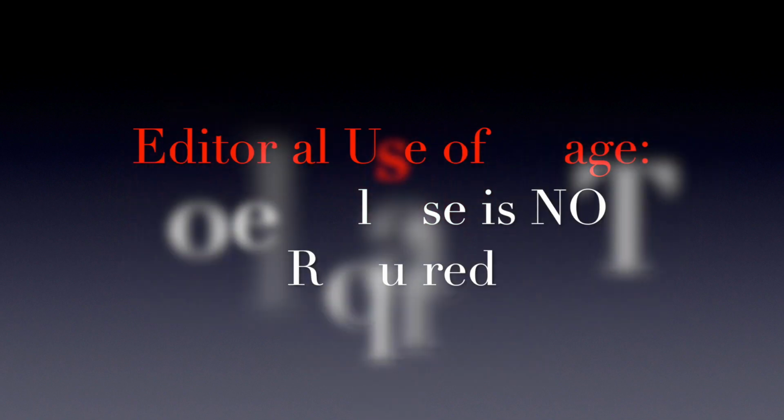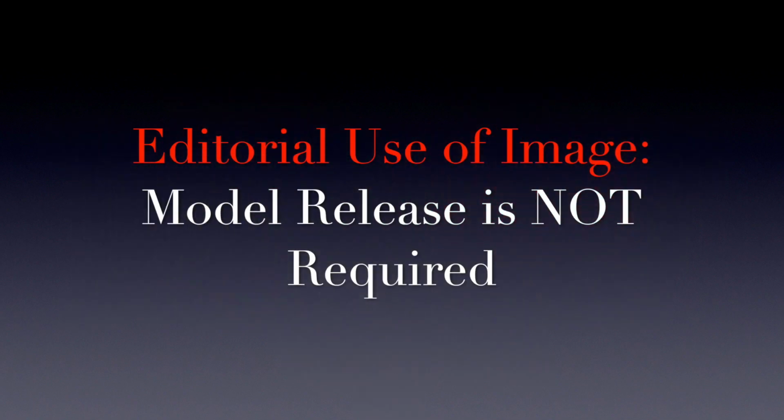So we're going to break it down into two categories because that's the most common two ways, right? One is editorial. In an editorial usage of an image that you shot either on assignment or out on your own, assuming you're shooting in public, you do not need to have a model release for editorial use of the photograph.